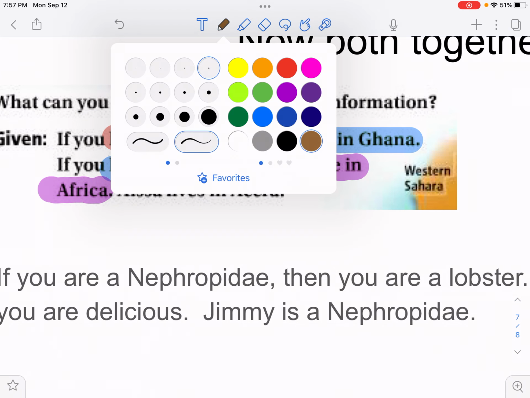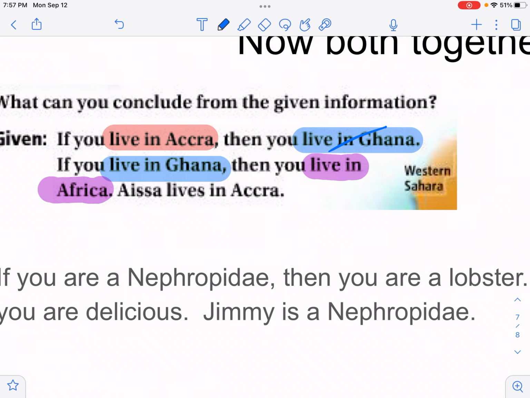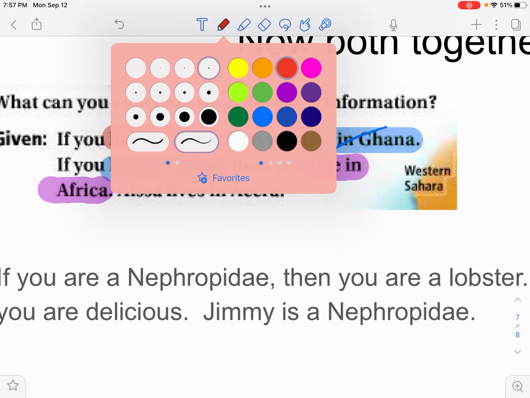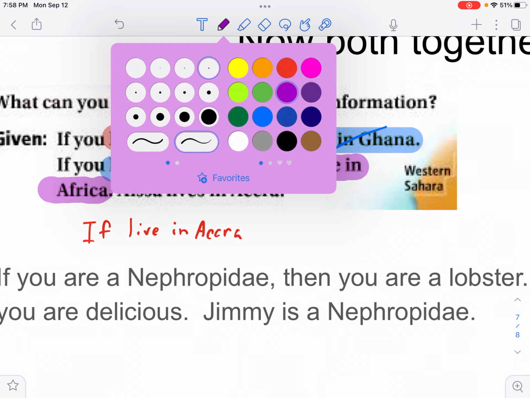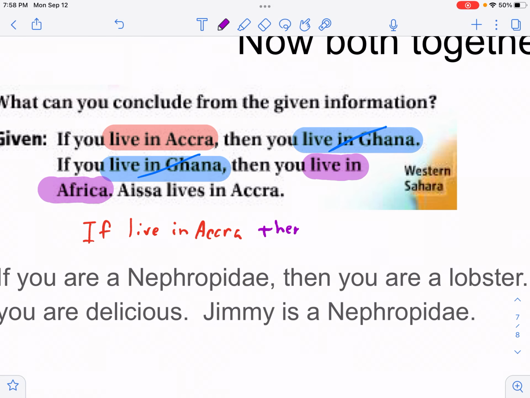Well, by the law of syllogism, as we just learned, we can cross out that live in Ghana part, creating just one statement that says, if you live in Accra, then you live in Africa.